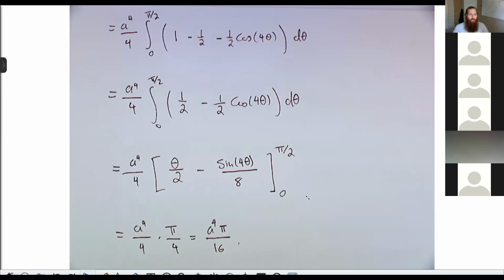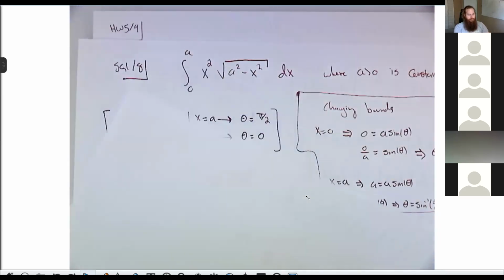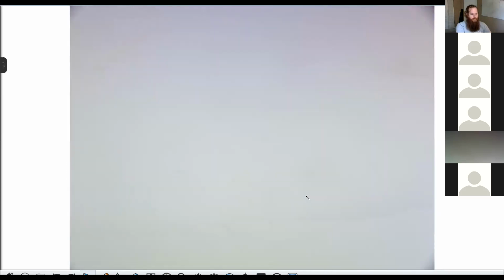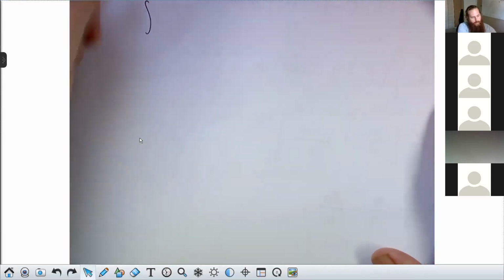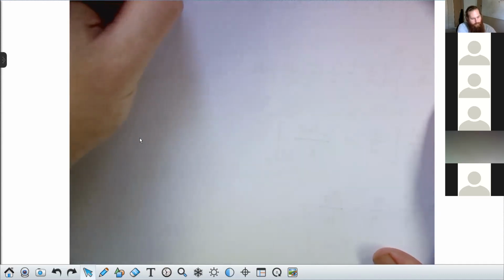Number 10, this is an interesting problem that can be solved quickly with the right amount of insight. I don't want to rob you of the whole problem.